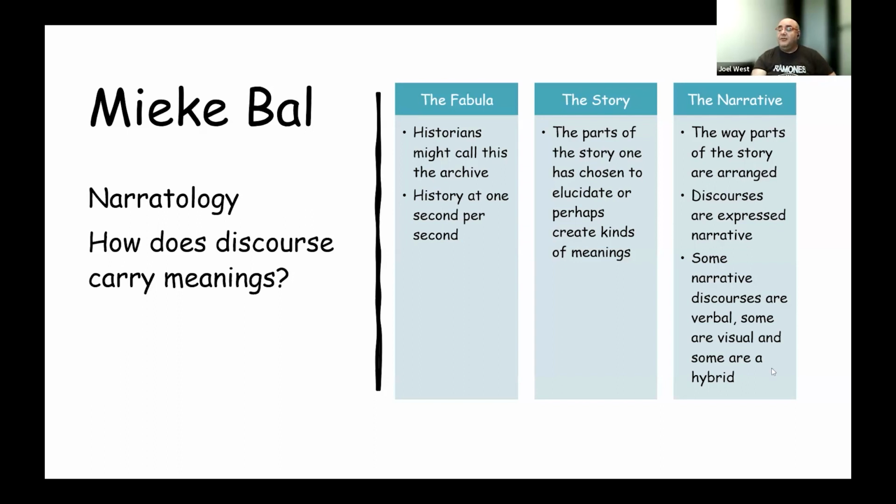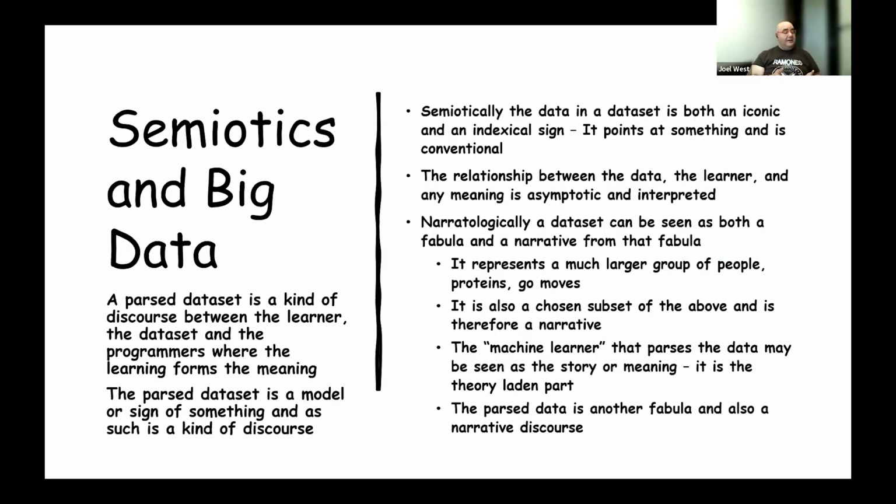And some narrative discourses are verbal, some are visual, some are hybrid. We're going to be talking about, in this case, a kind of data discourse, where the discourse itself creates meaning. So that being stated, a parsed data set is a kind of discourse between the learner, the data set, and the programmers, where the learning forms a kind of meaning. The parsed data set is a model or sign of something.